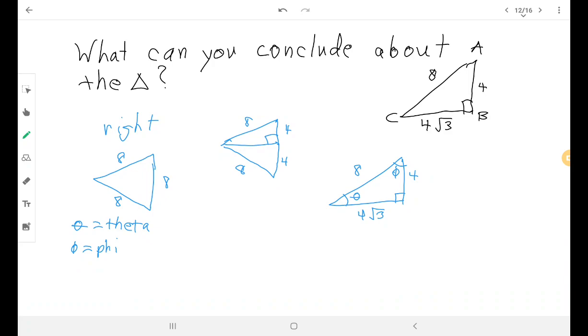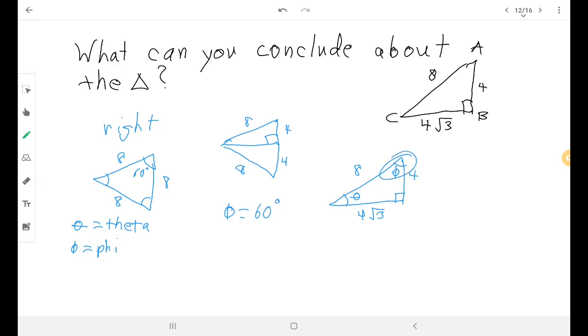So if I go back to thinking about this, which converted to this, in a regular triangle where all the sides are the same and all the angles are the same, all of these angles are 60 degrees, meaning that angle phi has to be 60 degrees.